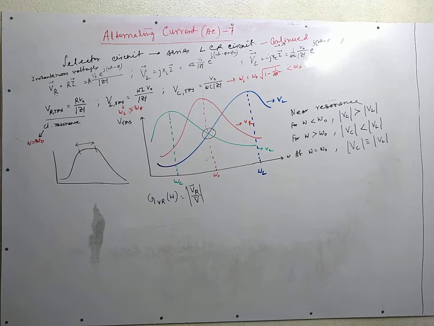In the rejector circuit, the reverse thing happens, as we shall see, that only the frequencies in the neighborhood of the resonance frequency are being rejected. That is, at these frequencies the current is low and the current rises for frequencies away from the resonance frequency.